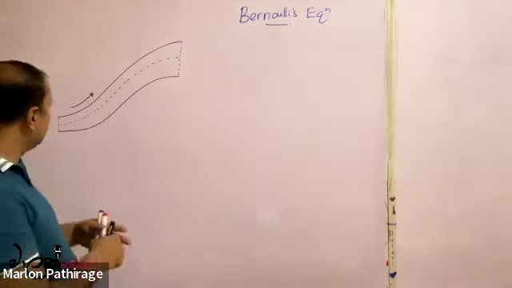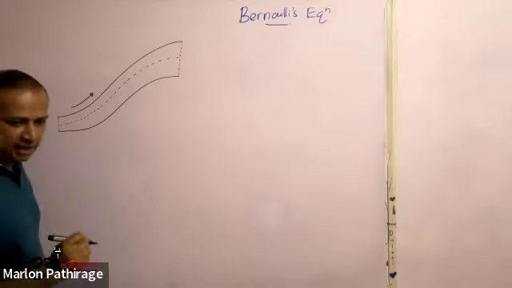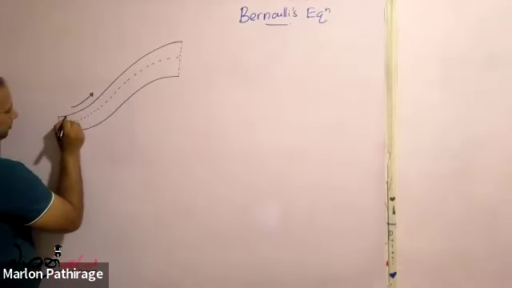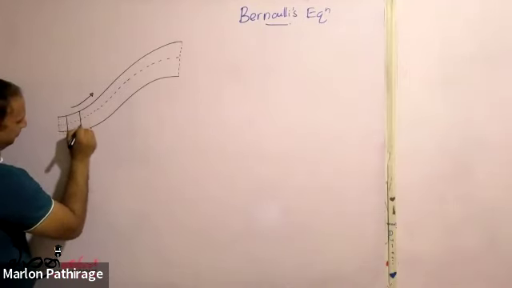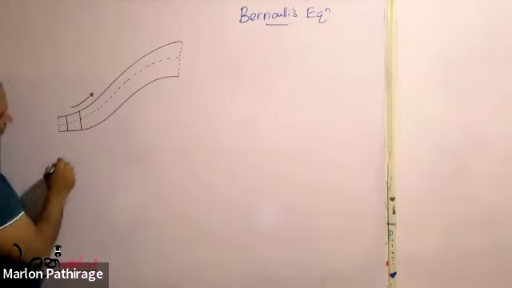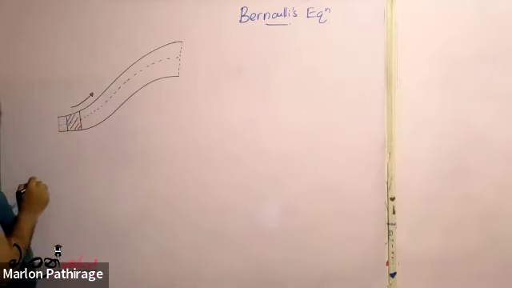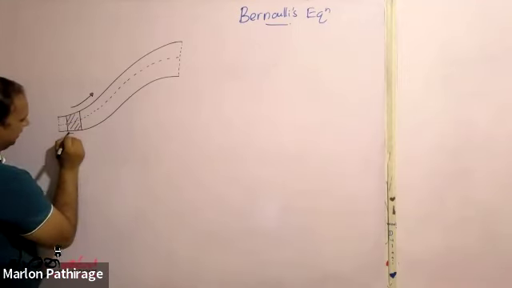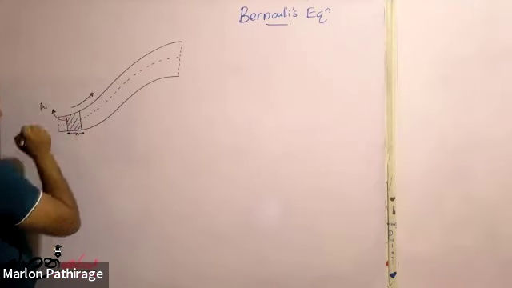Therefore, suppose the pressure at this place, we can consider a unit volume at that location. Suppose this length is x, and this one is y.